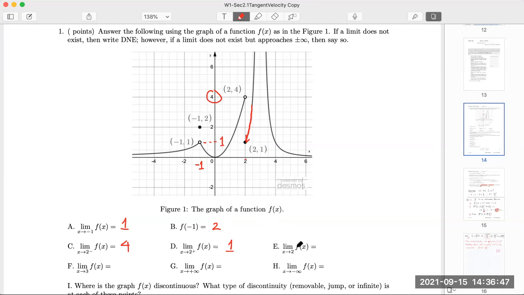Therefore, what is the limit when x approaches 2? That's correct. Since the left-hand limit and the right-hand limit are different, the limit does not exist when x approaches 2. Very good.